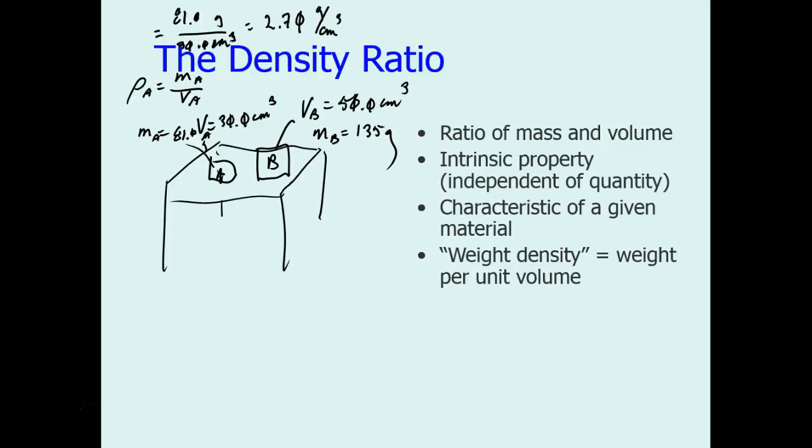Let's do the density of B. What's the rho for B? It would be mass for B over volume for B. What's the mass of B? 135 grams over 50.0 cubic centimeters. Okay.